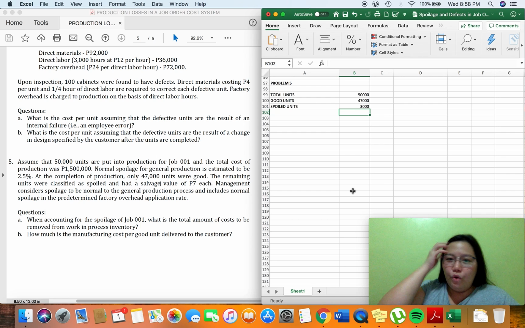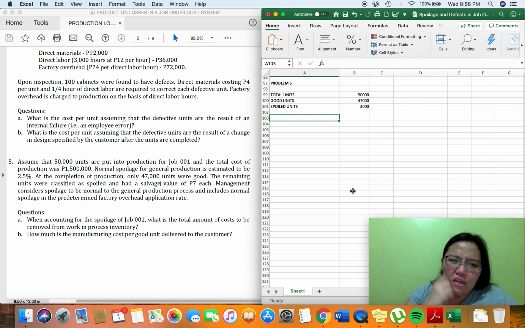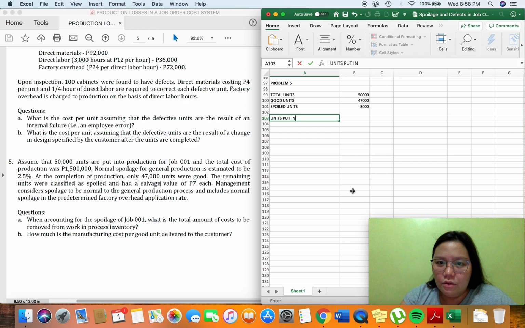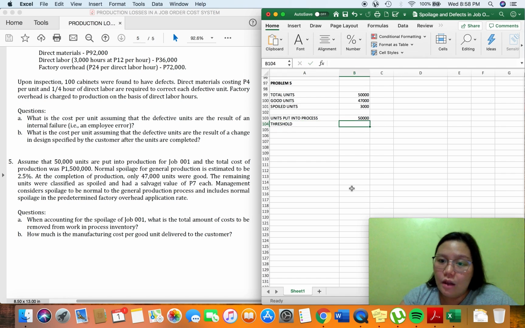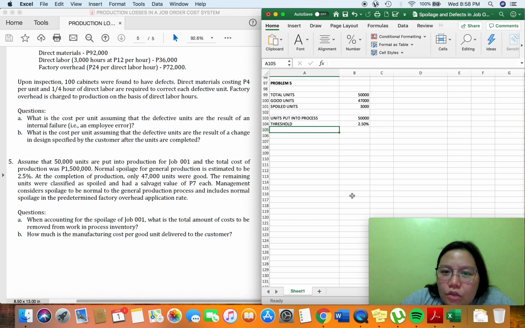Okay? So, to compute for the normal loss, we have yung units put into process, which is 50,000, multiplied by the threshold set by the company. So again, there is no uniform threshold. It is the company who sets or determines kung ano yung normal for them. Okay? So we have 2.5%. So now, ito yung normal loss natin.